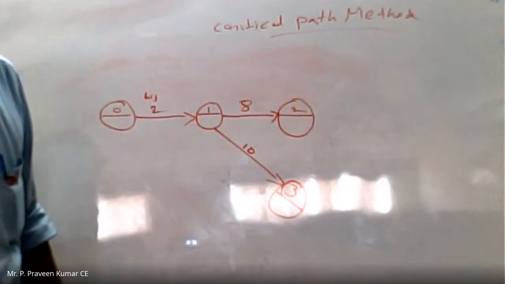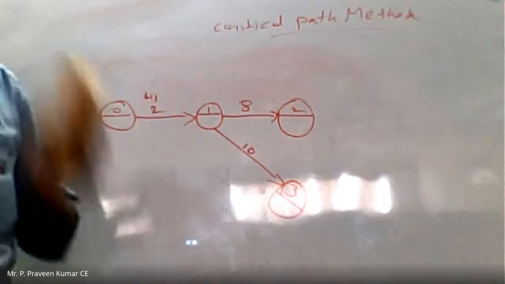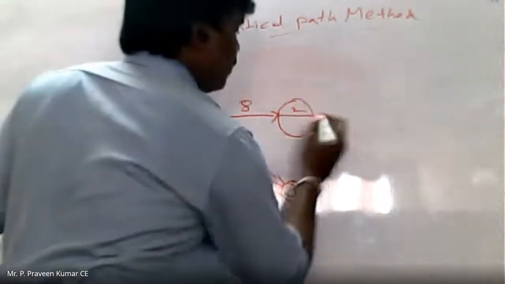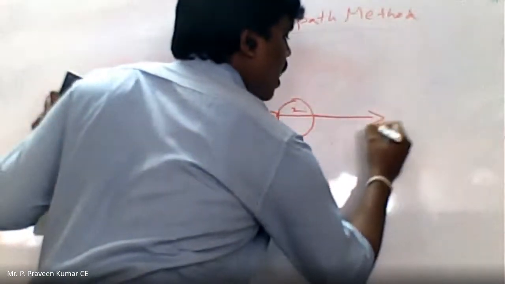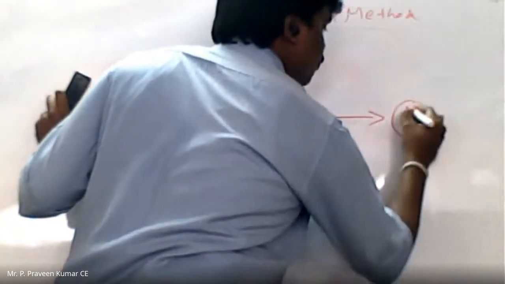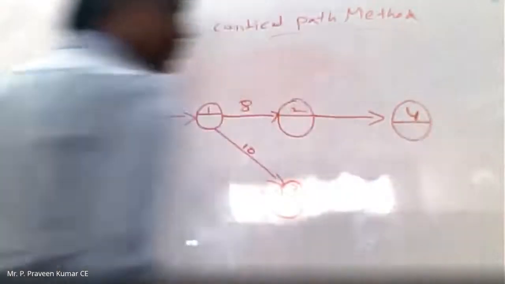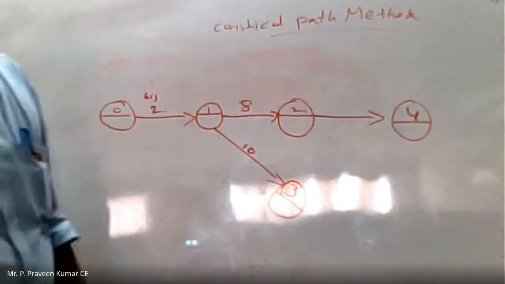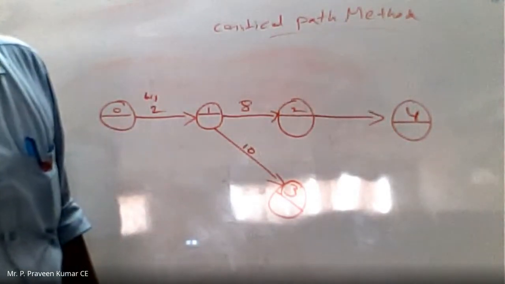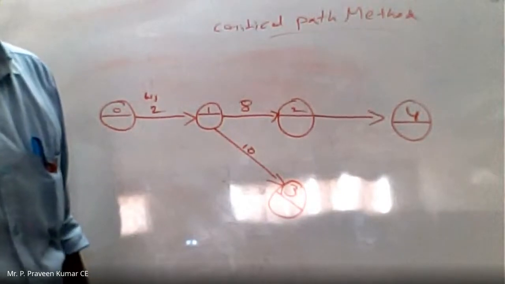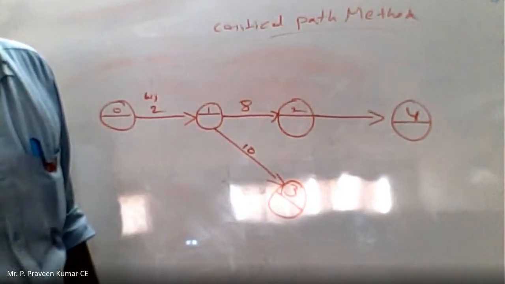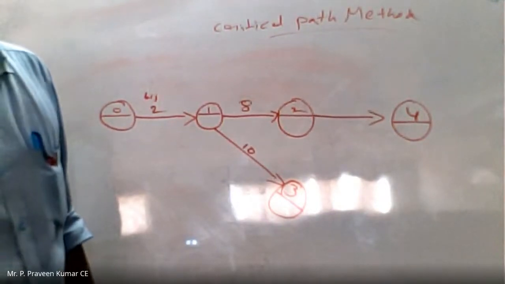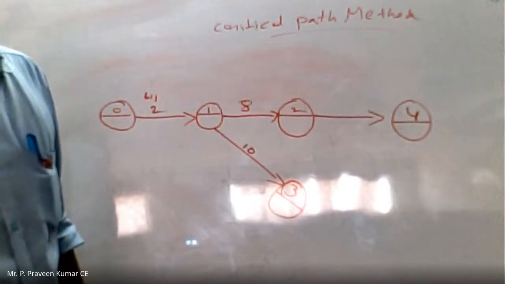After completion of 1 to 3, now come to the next step, that is activity 2 to 4. Next, see, this activity 4 is repeating. See the relationship in the activity. You can observe 2 to 4 and 3 to 4. 4 is repeating 2 times. That means 4 is related with 2 as well as 4 is related with 3.